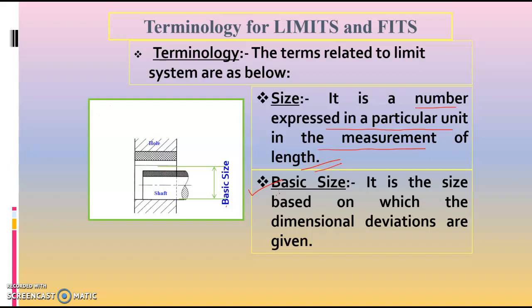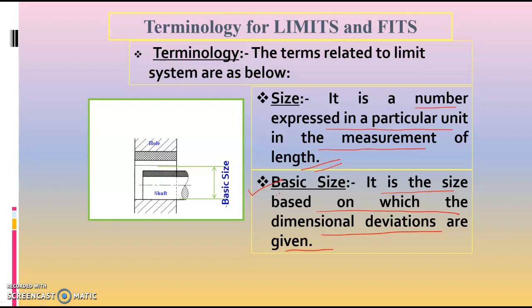That is the important size we need to start off. Basic size is the size based on which the dimensional deviations are given, because in the limits and fit system we are not sticking to a particular size because of the limitations of the manufacturing process.